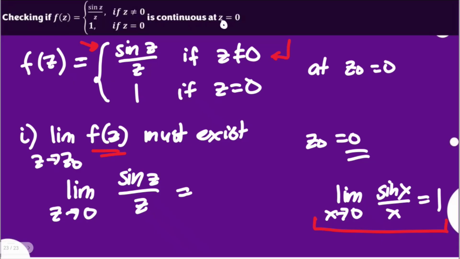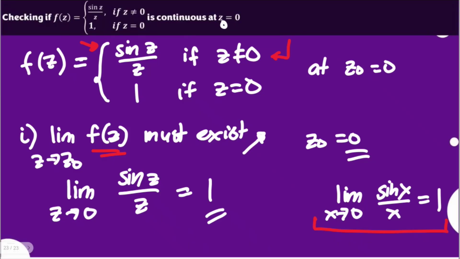There is also a video for that in the calculus playlist on this channel, where we verified this to be true. Since we already covered that, let's just claim it to be true here. So we have the value equal to 1, and since 1 is an existing value, this condition has been satisfied.